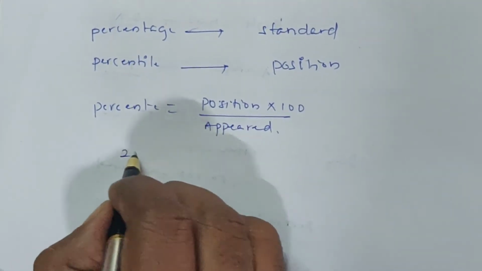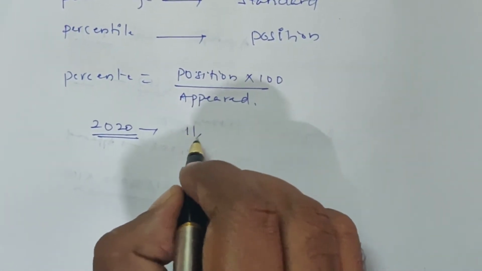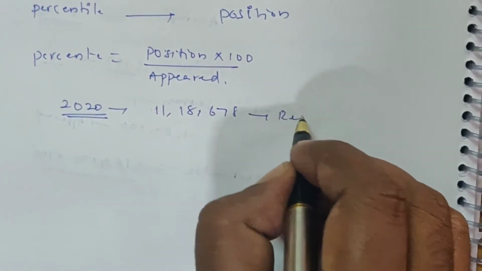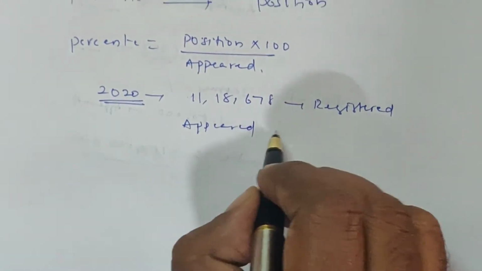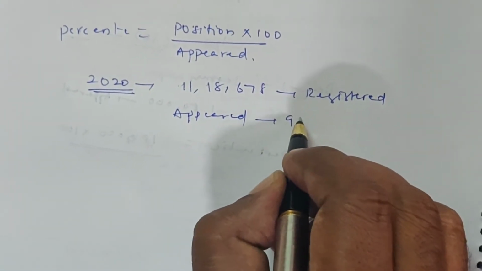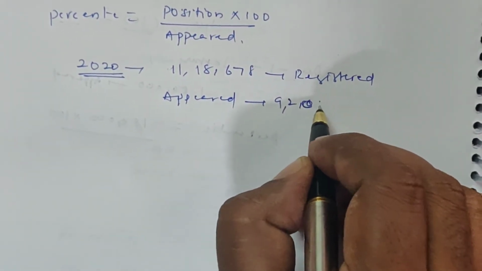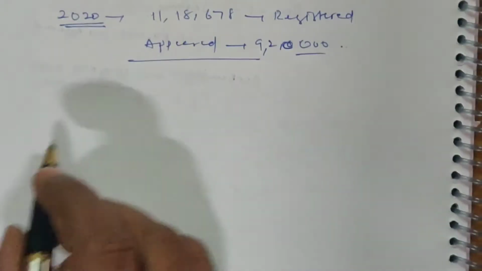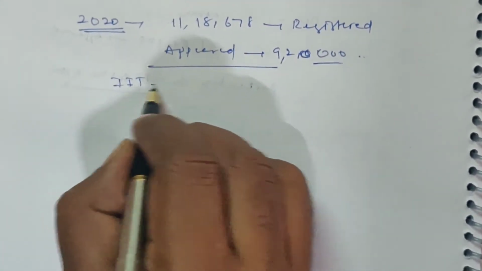In 2020, how many students registered? Total 11,18,678 students registered, and nearly 9 lakh 20,000 students appeared. In total India, how many IIT seats are available?